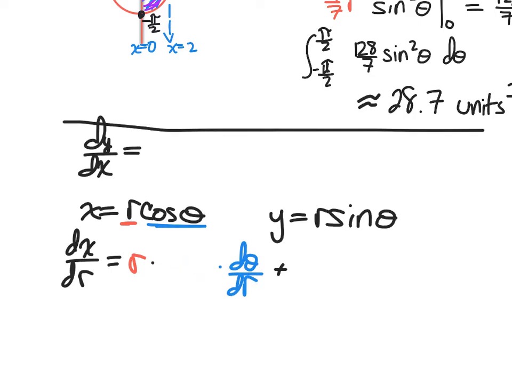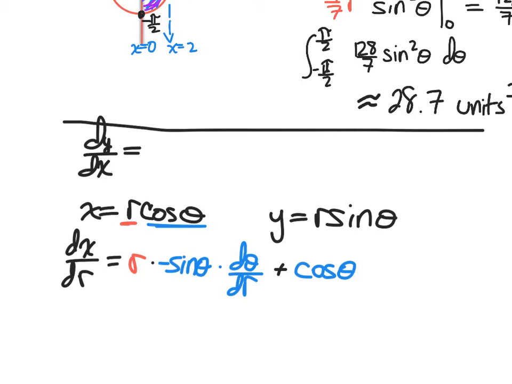Fun fact of the day, derivative of cosine is not cosine, negative sine. I was more focused on writing the d theta dr that I forgot to do basic calculus. All right, so second, cosine, times the derivative of the first, which in terms of r is just going to be 1.